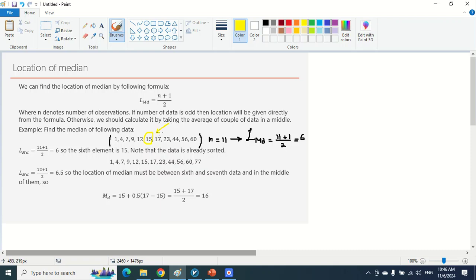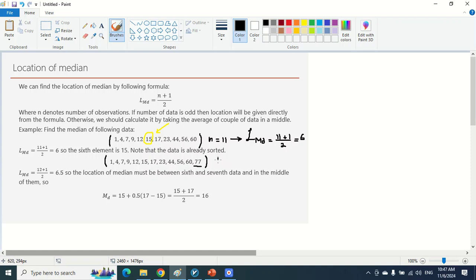Right now, consider the case where the median is located between two elements, for instance, if the number of given data is equal to 12. In the next example, we have 12 elements: 1, 4, 7, 9, 12, 15, 17, 23, 44, 56, and 60. And at the end, we add 77.